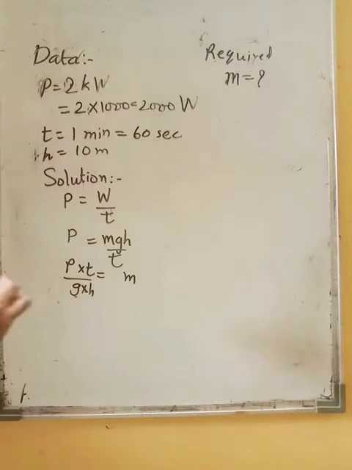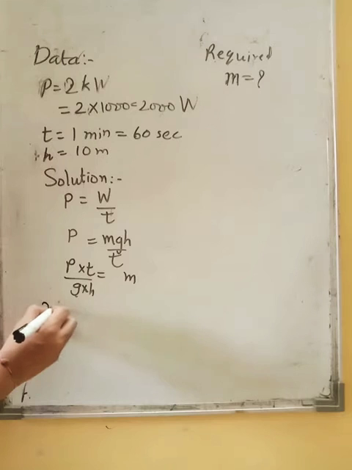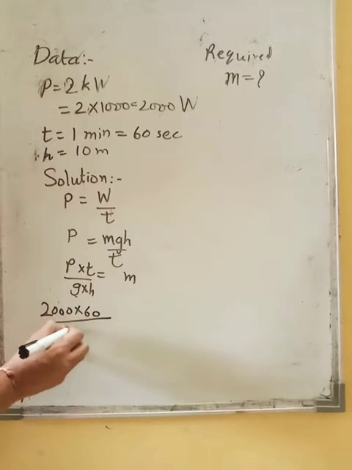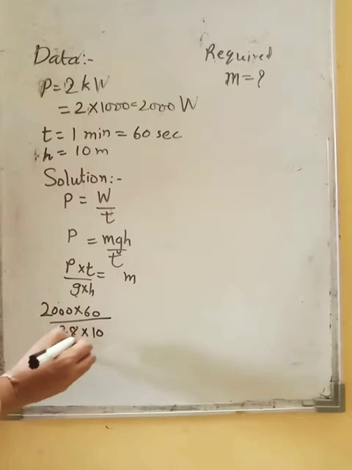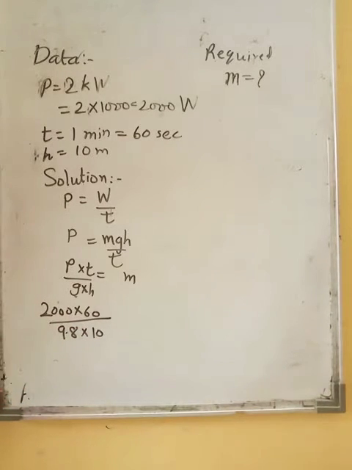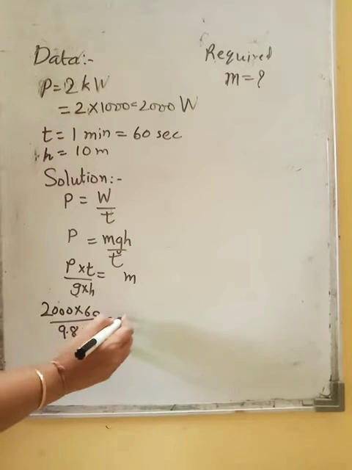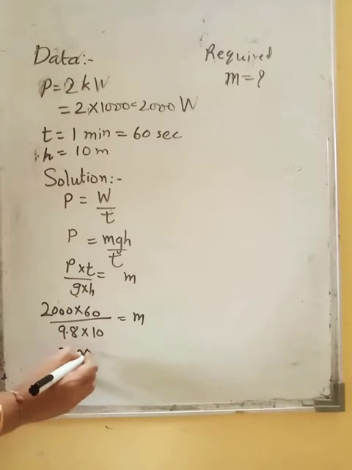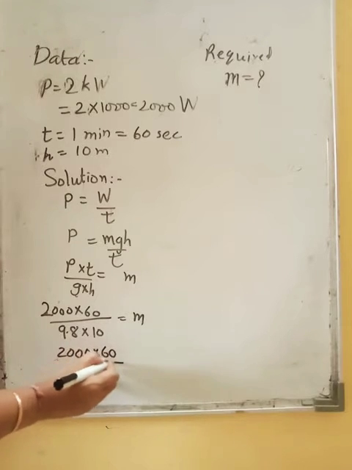So we have 2000 multiplied by 60 upon 9.8 into 10. Now 9.8 into 10 will be 98 only. Right? And above we have 2, 1000 and 60.